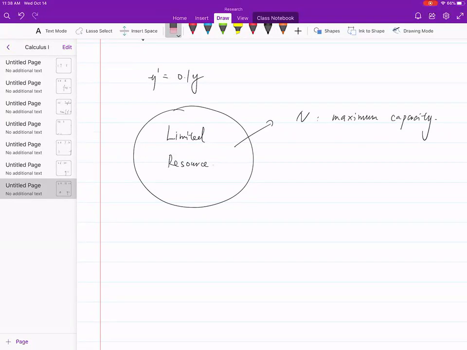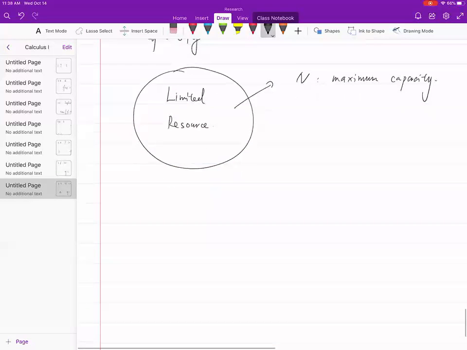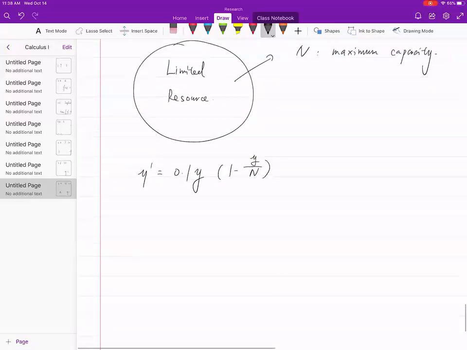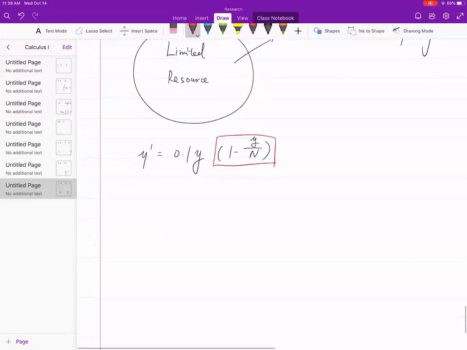How do you change your differential equation? Well, you simply change it to something that looks like this. You times a term. What does it do? Let's think about it.